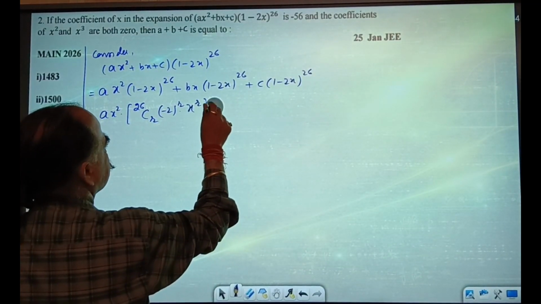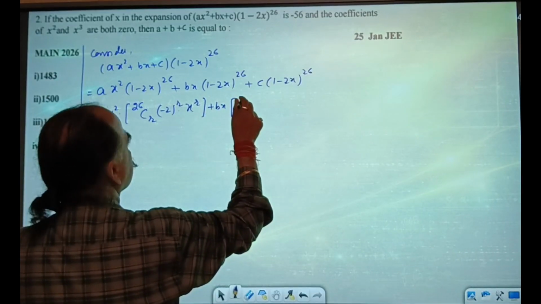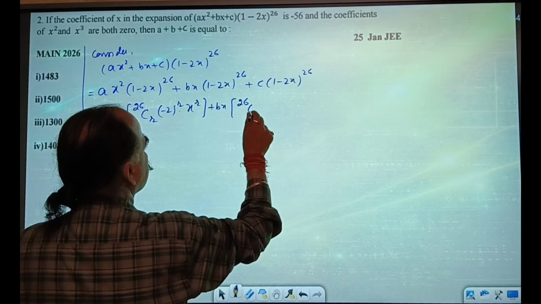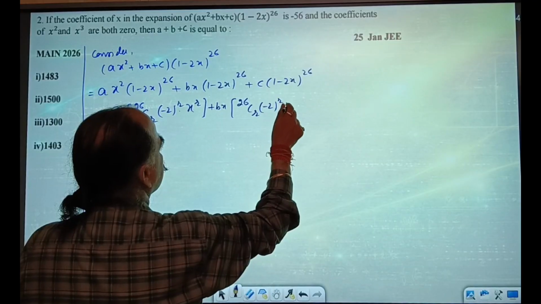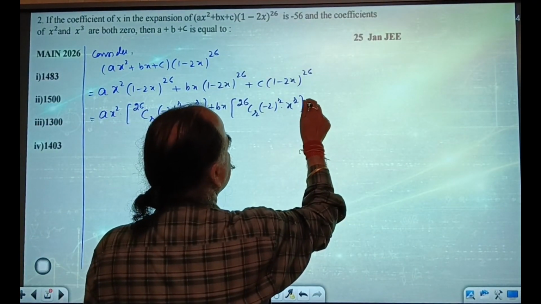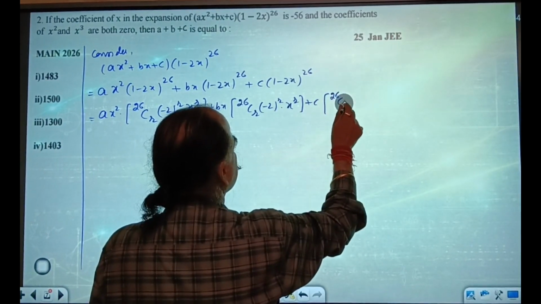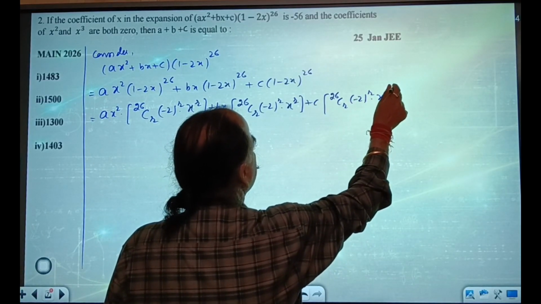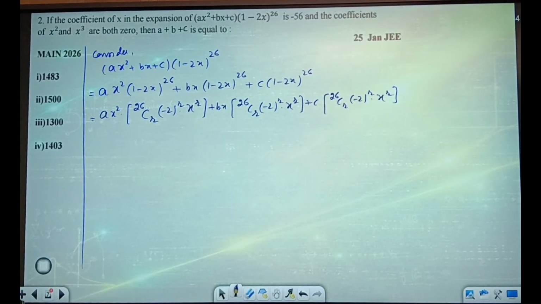Plus bx, its general term is what? 26CR (−2)^R x^R. Plus c into 26CR (−2)^R x^R. So I have written the general term.